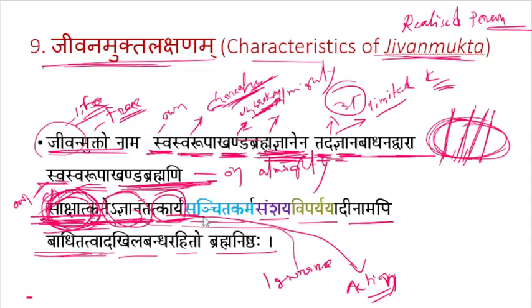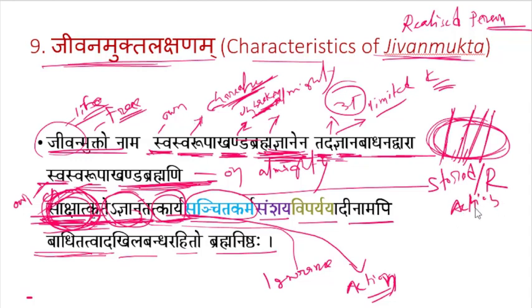Like sanchita karma. Sanchita means the stored or reserve action. Karma means action. And the samshaya. Samshaya means doubt. Viparyaya means the bhranti knowledge, false knowledge.